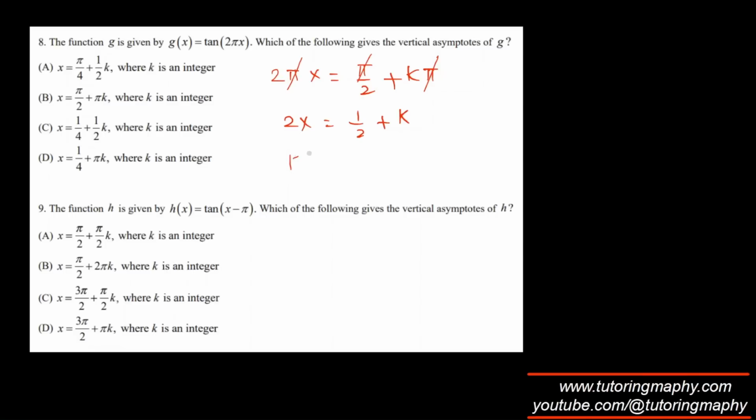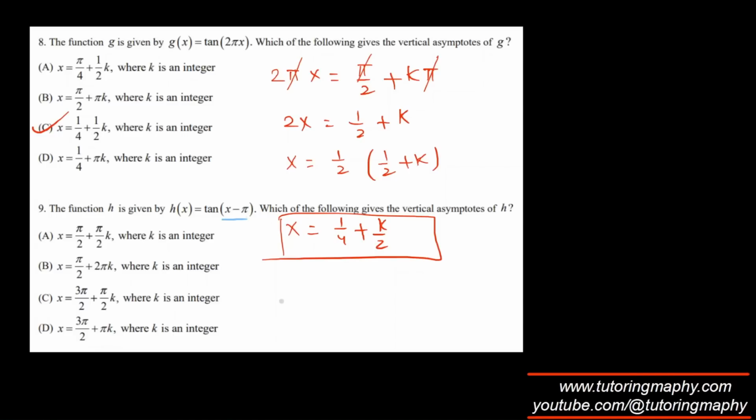I'm going to divide both sides by 2 and distribute that 2 eventually. So this 1 over 2 came when I divided both sides by 2, and the k remains as it is. And finally, the value of x comes out as 1 over 4 plus k over 2. And there you go, option C.